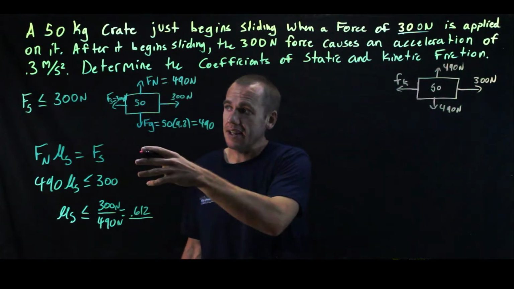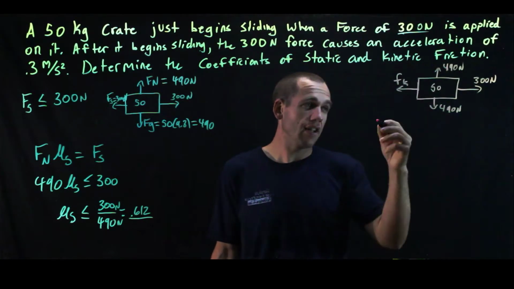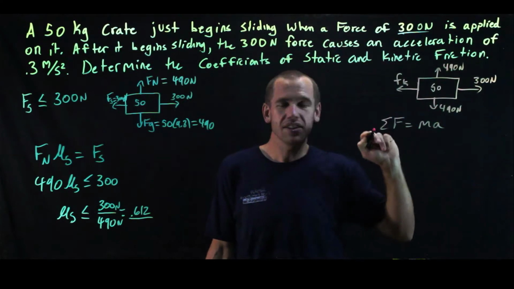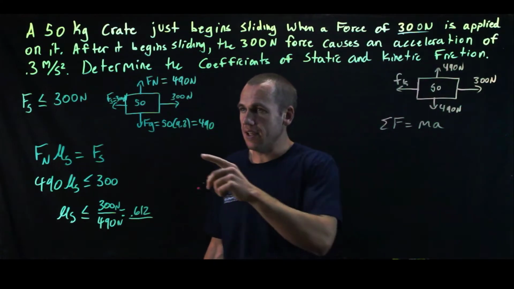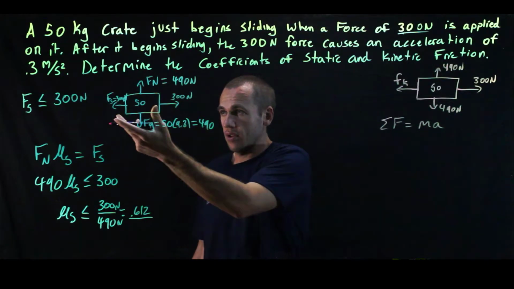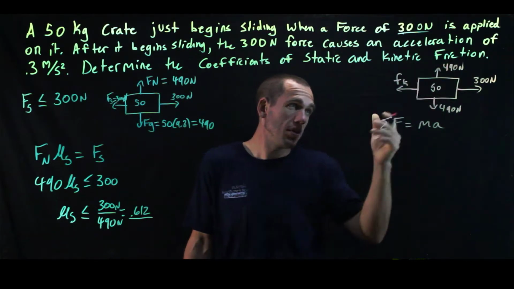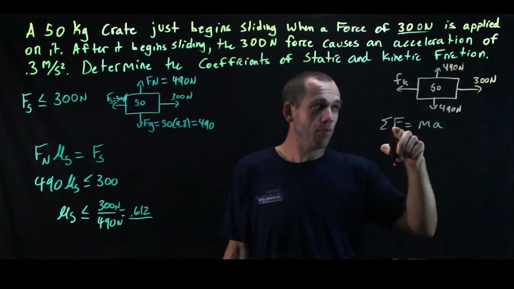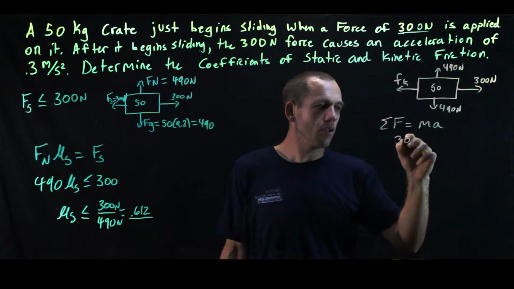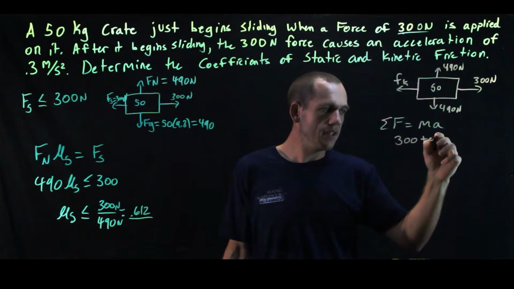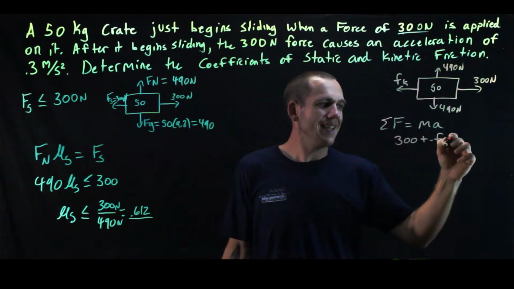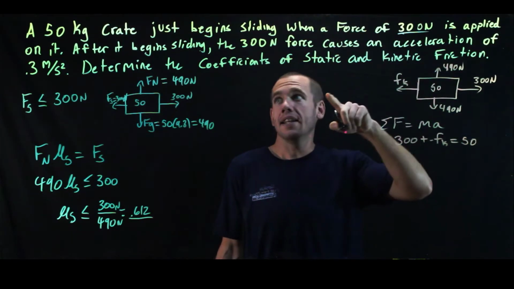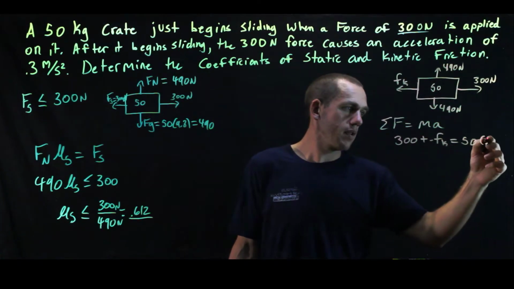So same process, but now we use Newton's second law, net force equals mass times acceleration, and our acceleration is not zero. Since here our acceleration was zero, we knew our static frictional force was 300 newtons, but now we don't know our kinetic frictional force. So we're going to plug that into this equation. Remember, net force means sum of the forces, so 300 plus Fk is equal to mass, 50, times acceleration, 0.3.